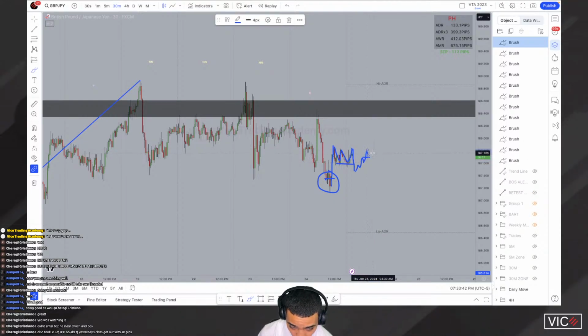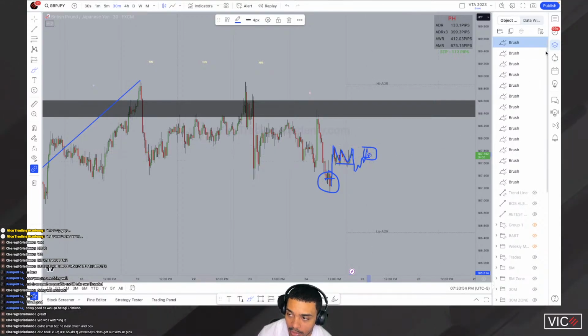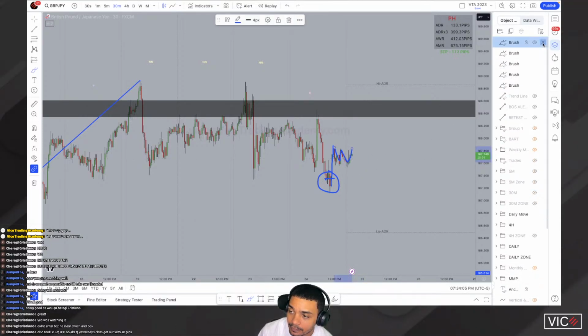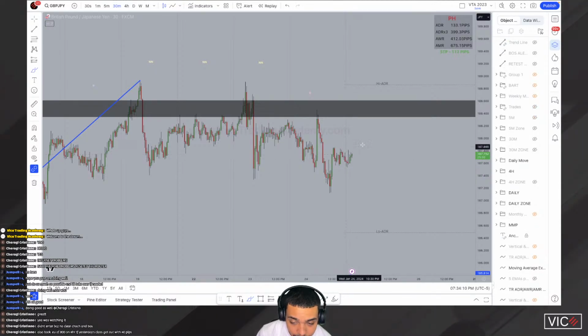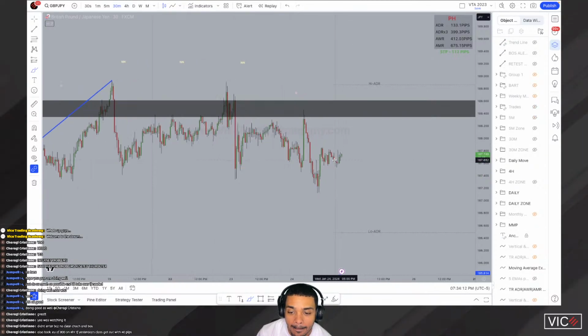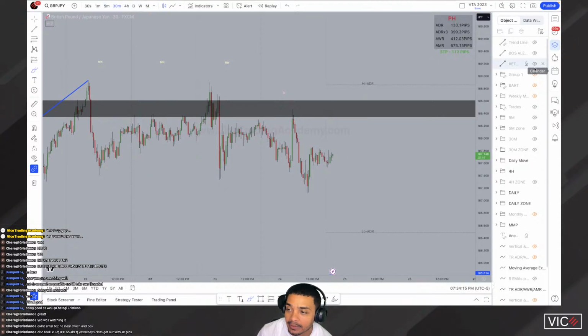When price starts to pull back, I go to the 1 minute chart. On the 1 minute chart, what I want to see is change of character, pullback. That's it. I don't need to see a BOS retest on a 1 minute chart. That's enough. I have everything I need. I got another sweep. I got a change. There's nothing else that I need to see. POIs. Let's get it.